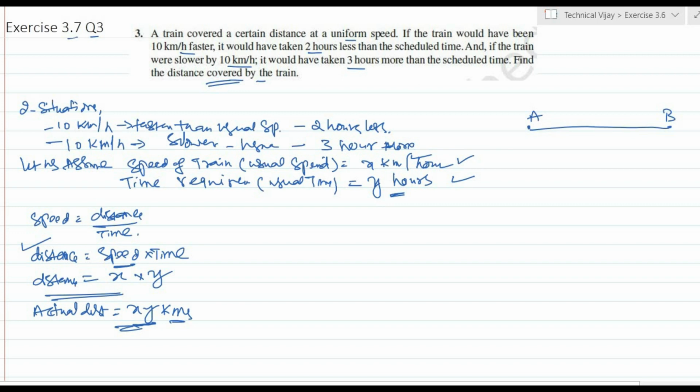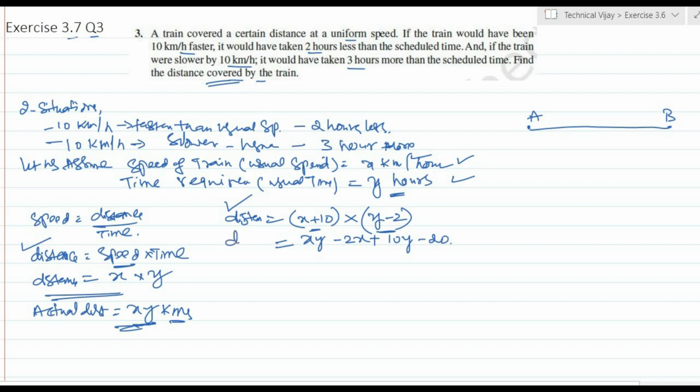If the train is 10 km per hour faster, the speed is x plus 10, and the time taken will be 2 hours less, that is y minus 2. So the distance is equal to x plus 10 into y minus 2. This distance is the same, so x plus 10 into y minus 2 is xy minus 2x plus 10y minus 20.